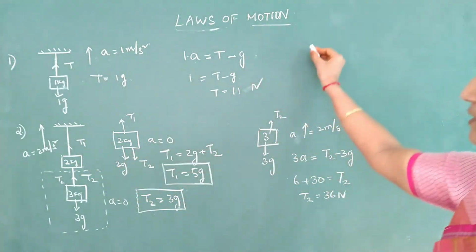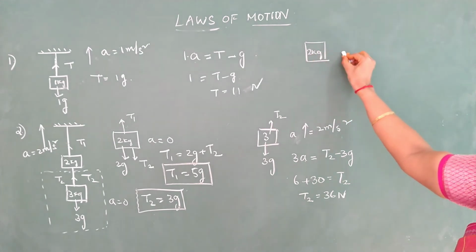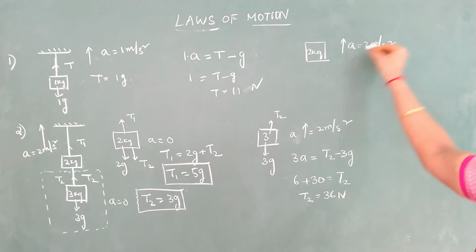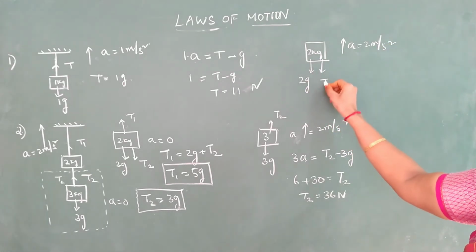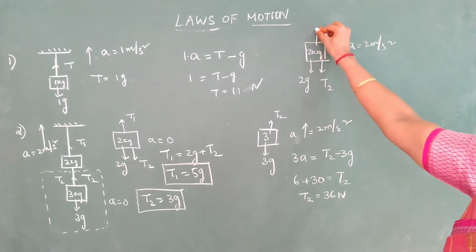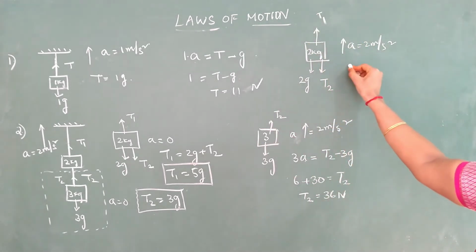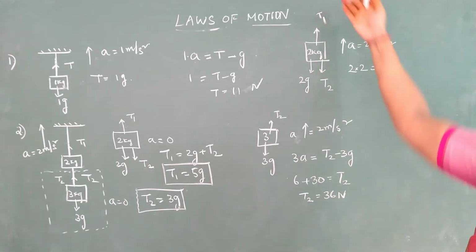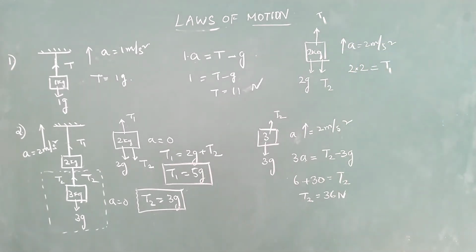What will be the tension T1 then? Make the free body diagram for 2 kg. This is 2 kg moving up with an acceleration of 2 meter per second square. Its own weight acting downward. T2 pulling it down. T1 is pulling it up. M into A, 2 into 2 should be applied minus opposing. What is the applied force? T1 minus.